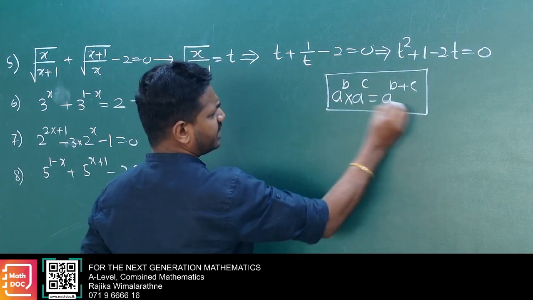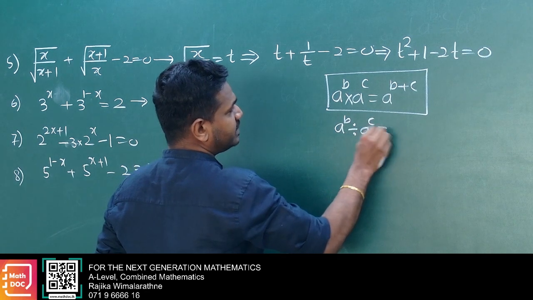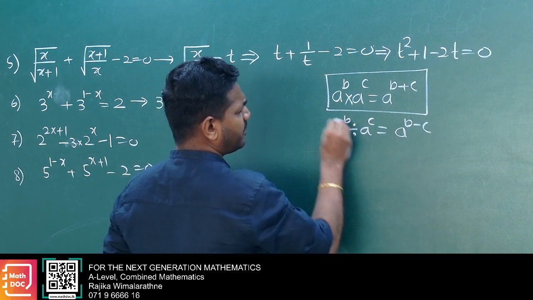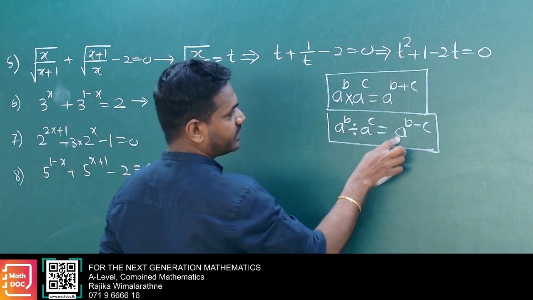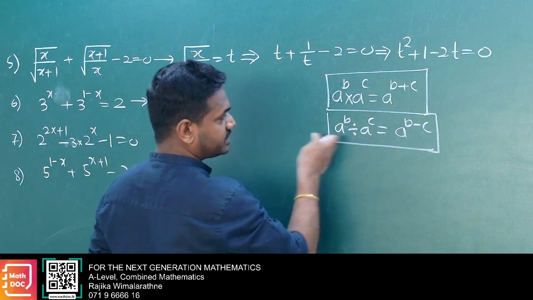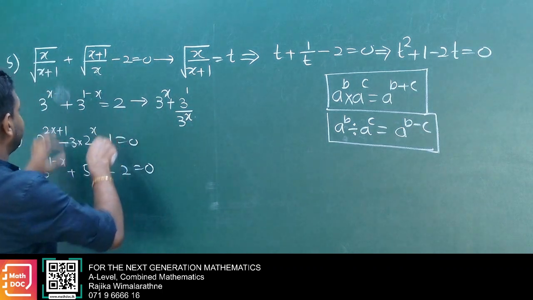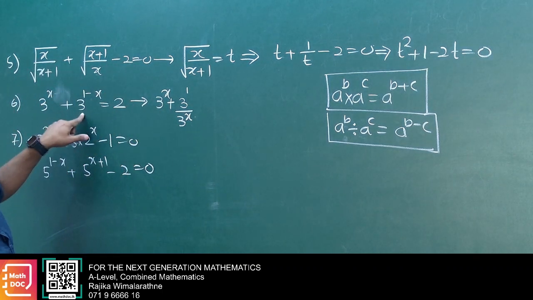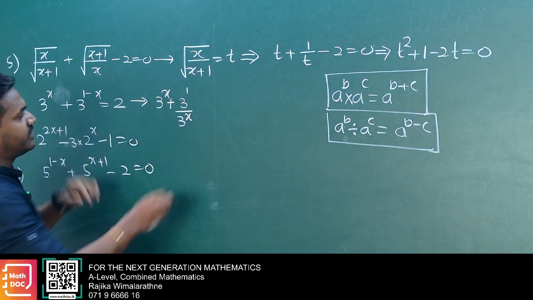Then you can get the converse: a to the power b divided by a to the power c equals a to the power b minus c. Then its converse is this. That's why here we write 3 to the power x, then 3 to the power 1 minus x, which is 3 to the power 1 divided by 3 to the power x.